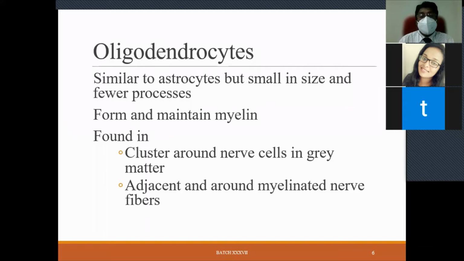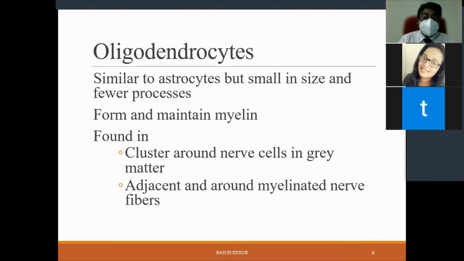Then oligodendrocytes form and maintain myelin. Now you can see that it formed myelin, and it maintained the amount of myelin.